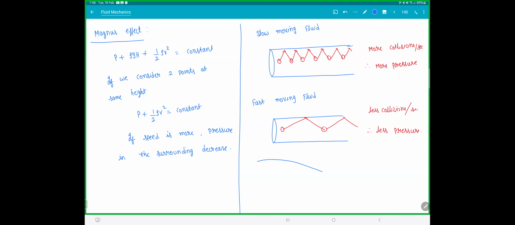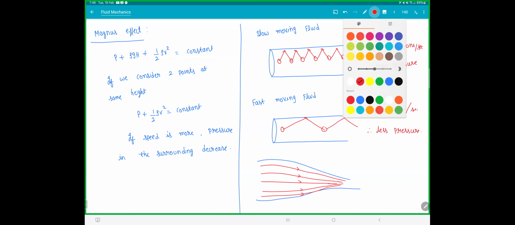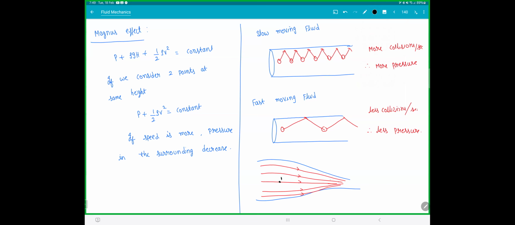So suppose you have a pipe like this, and you have streamlines flowing like this. If you consider this point as 1 and this point as 2, clearly we know V2 is greater than V1, velocity of flux.